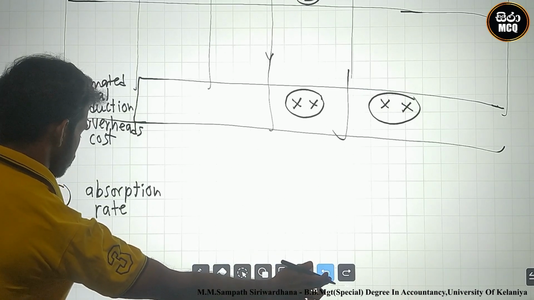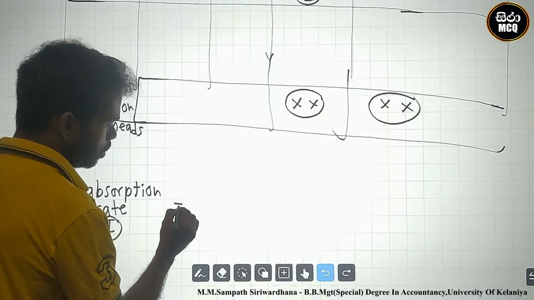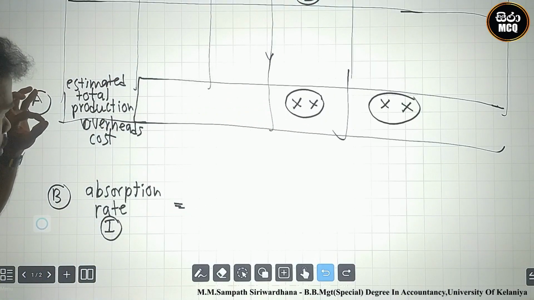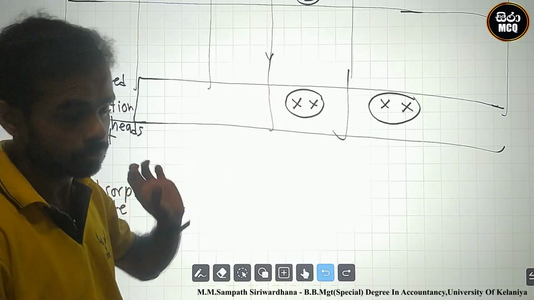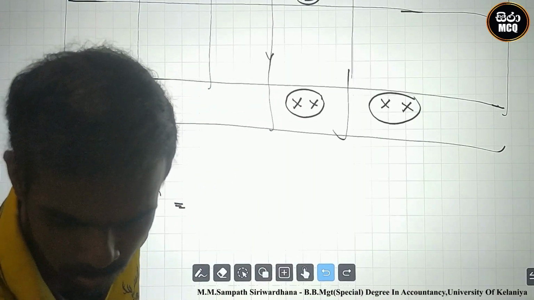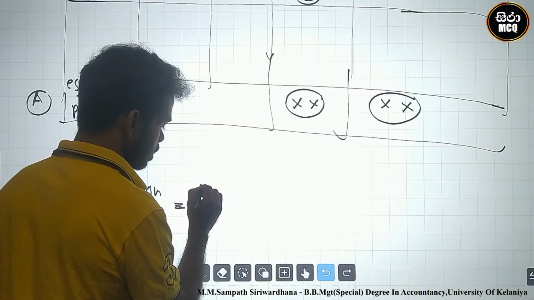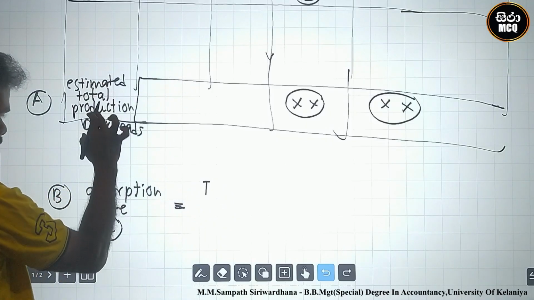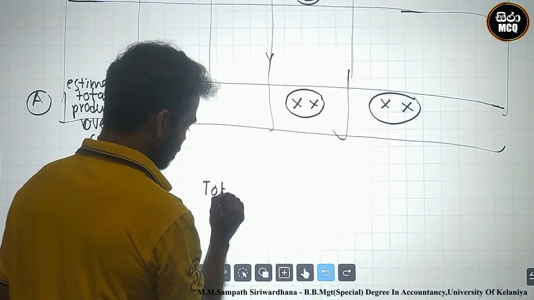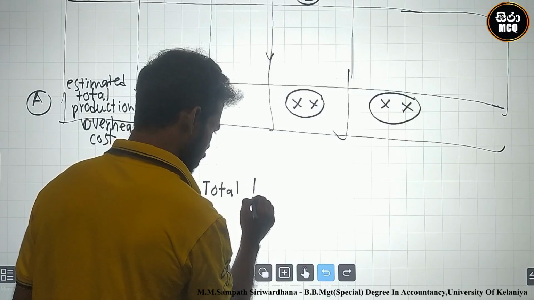I select cost center 1. We use the total estimated production overhead for cost center 1, the total budgeted value.